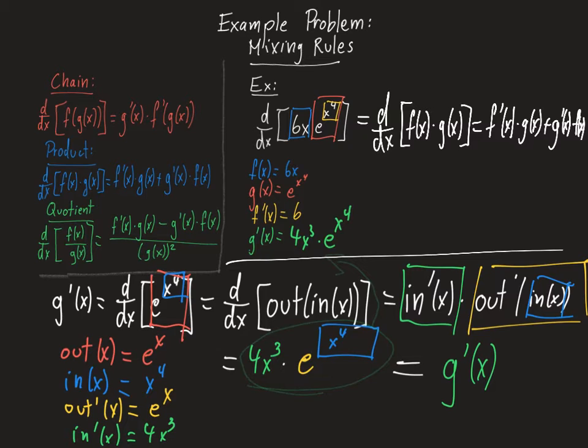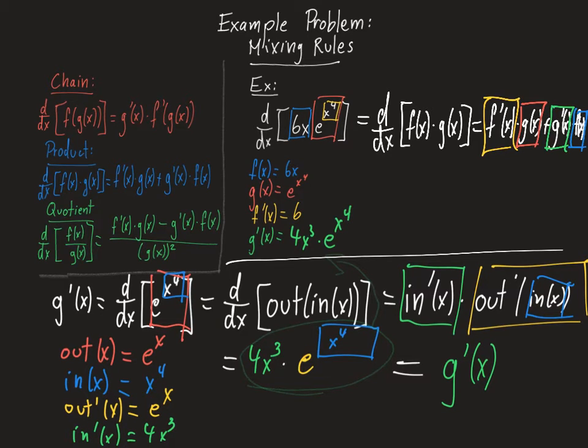And once more, let me color code everything. We see that f of x is over here in blue, g of x is in red, f prime of x is in yellow, and g prime of x is in green.